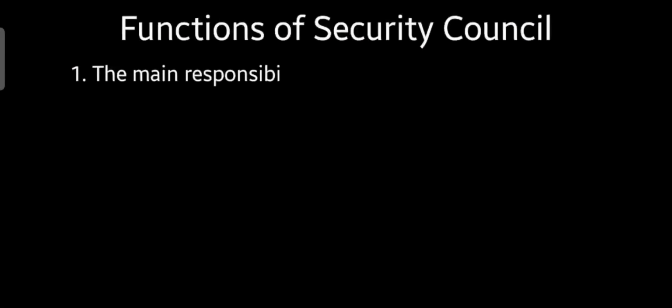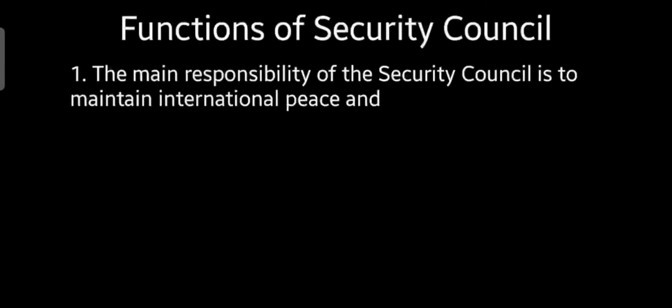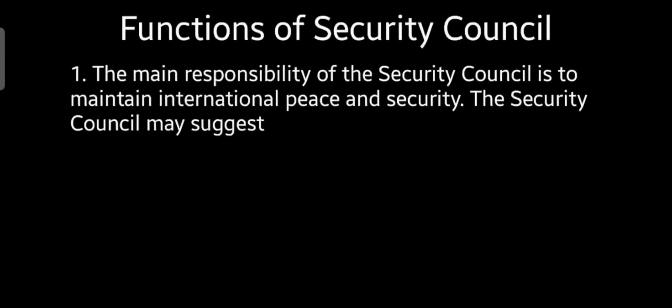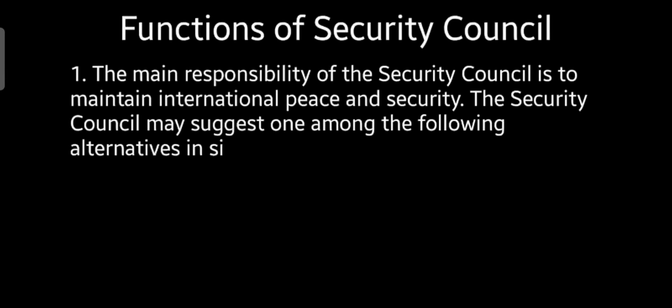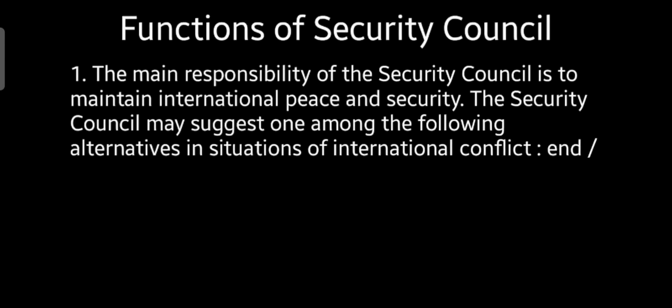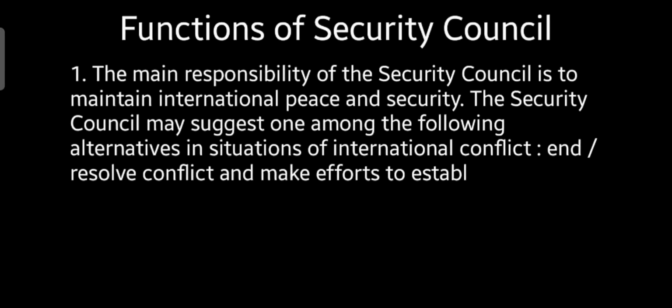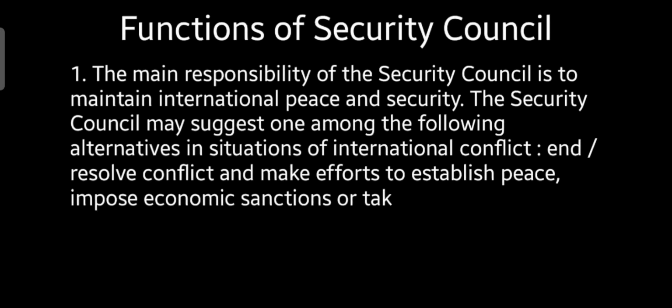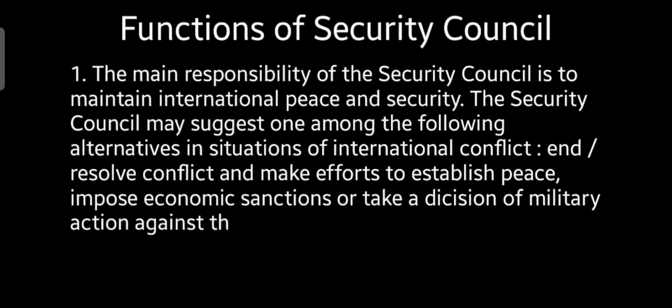Now let's see the functions of the Security Council. The main responsibility of the Security Council is to maintain international peace and security. In a situation of international conflict, the Security Council may suggest one among the following alternatives: resolve the conflict and make efforts to establish peace, impose economic sanctions, or take the decision of military action against the aggressor nation.